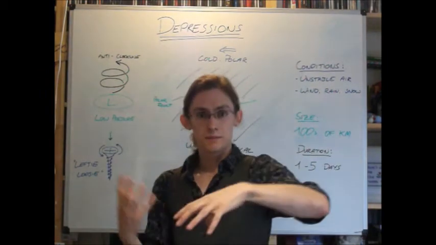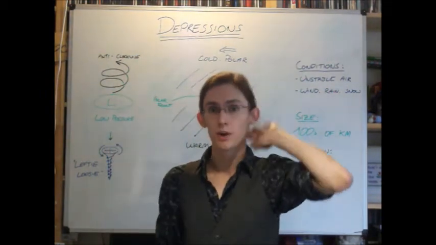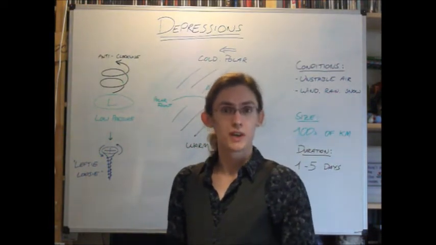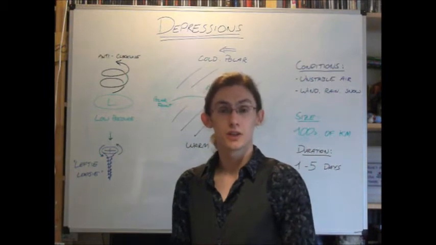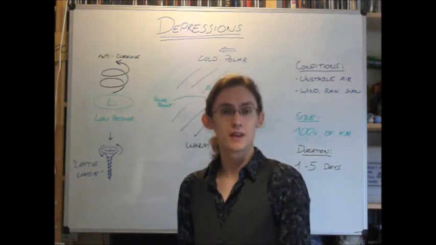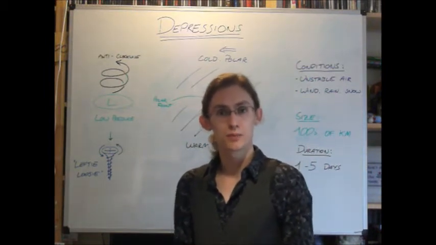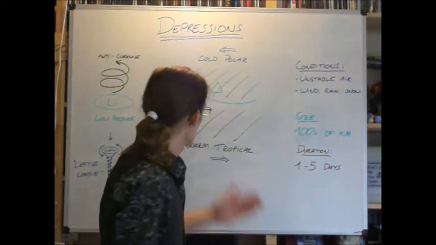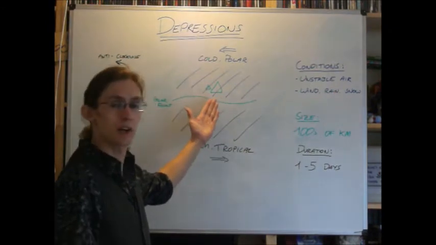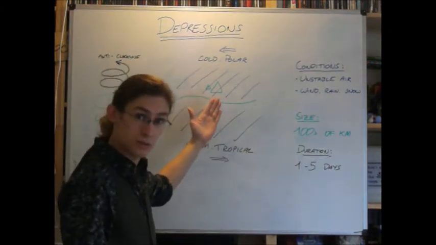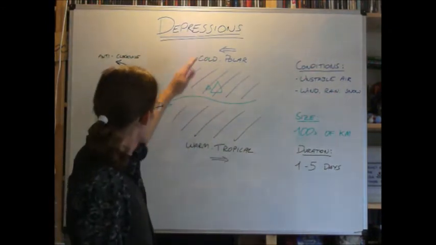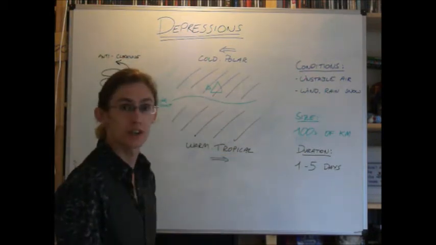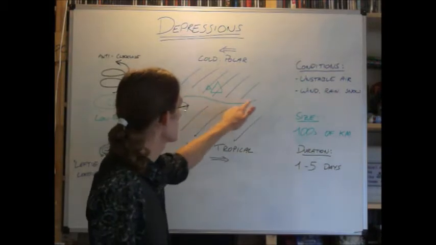Now it's spinning and it's rising, this low pressure air. I say that is because of the spinning of the Earth, but this then has effects on our air systems and on how these depressions form. If we have a look at my diagram of the UK here, this is in the northern hemisphere, we have cold air and warm air meeting each other at what's called the polar front.